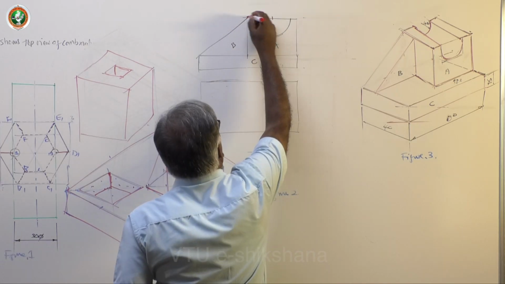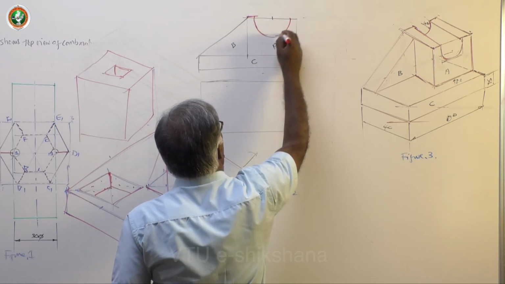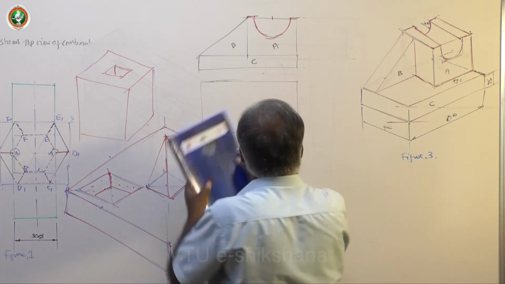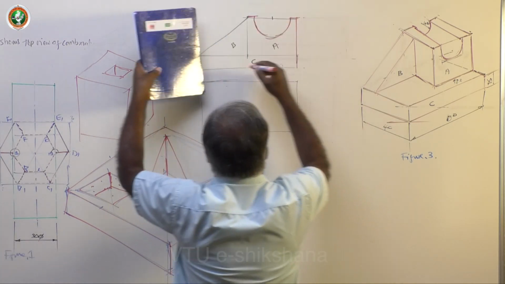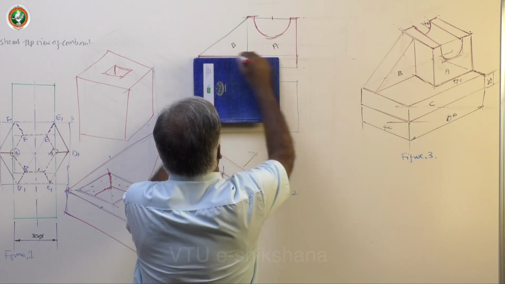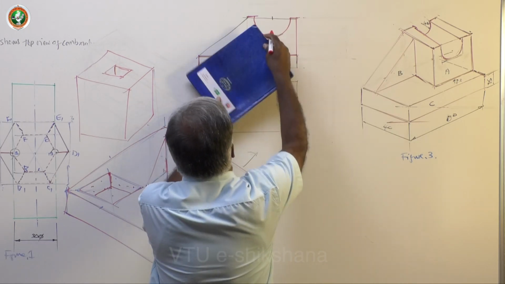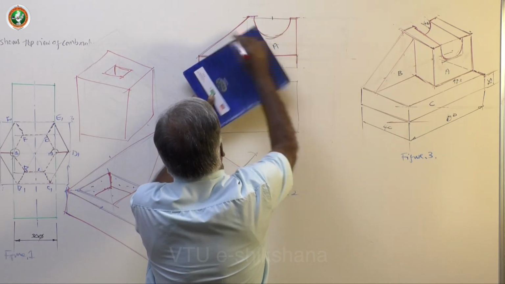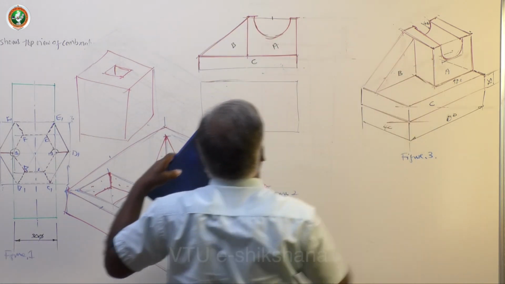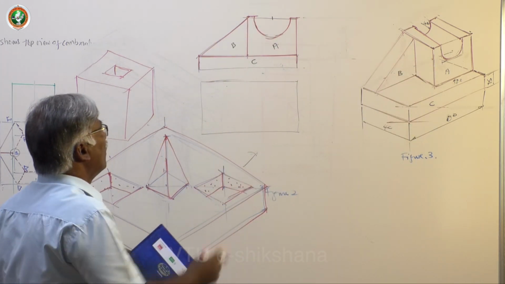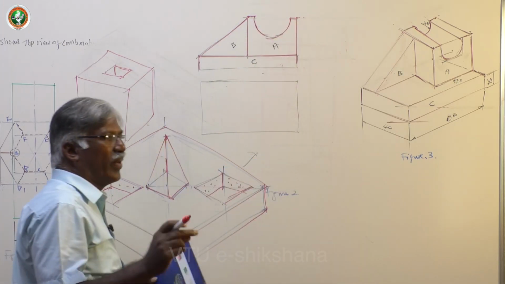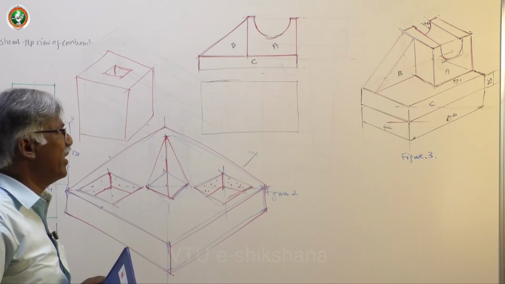This is the front view. This line is very much there because this is a different plane. Now this plane is not there. It's open. You can maintain thin lines, no problem.